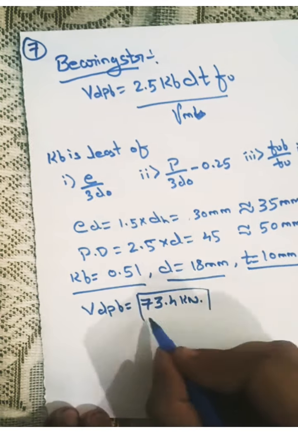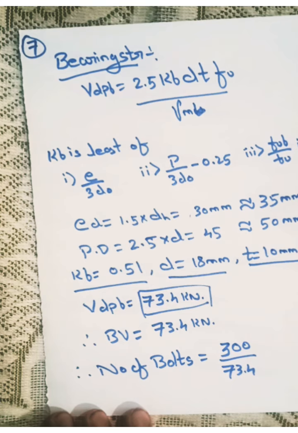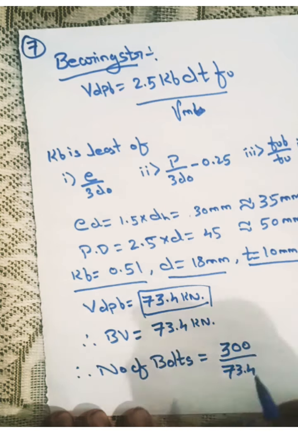So therefore we need to find the number of bolts. One bolt will take a load of 73.4 kilonewton. So for 300 kilonewton we require 300 divided by 73.4, which is 4.08.